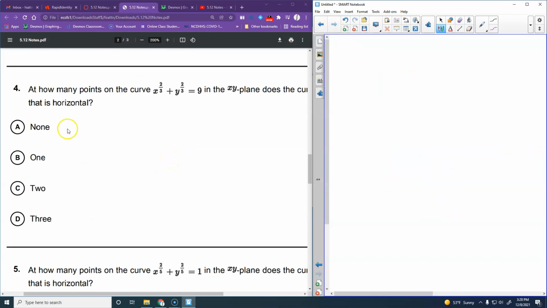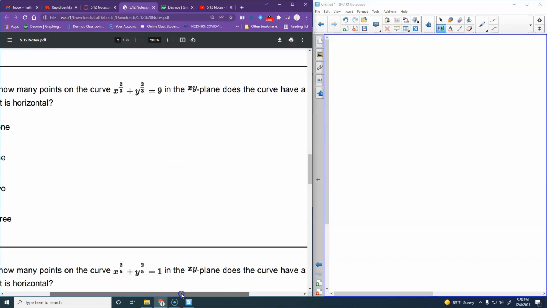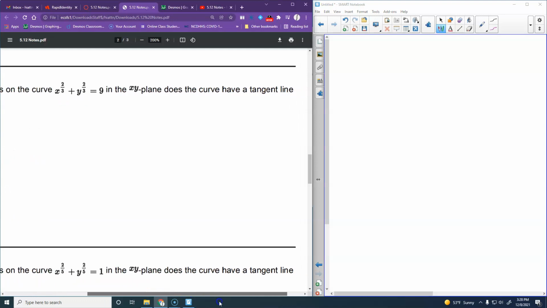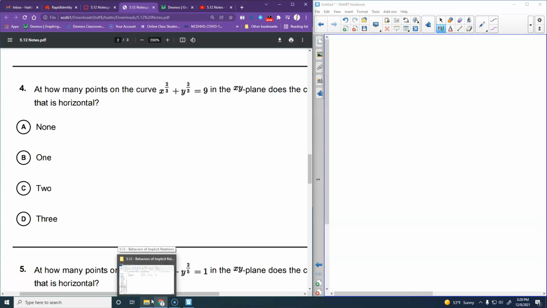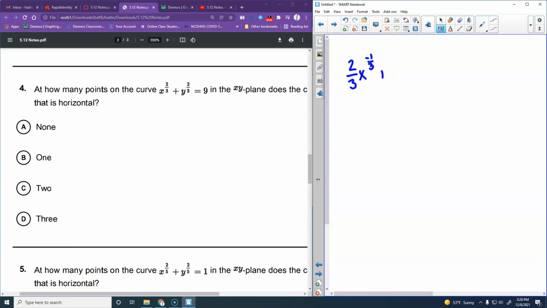Okay. 4 says, at how many points on the curve, and it gives us, in the xy plane, does the curve have a tangent line that is horizontal? So if we're talking about the slope of the tangent line, that is our first derivative. So we would want to take our first derivative, so we'd get 2/3 x to the negative 1/3 plus 2/3 y to the negative 1/3 times dy dx would equal 0.